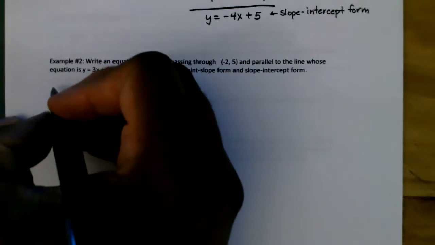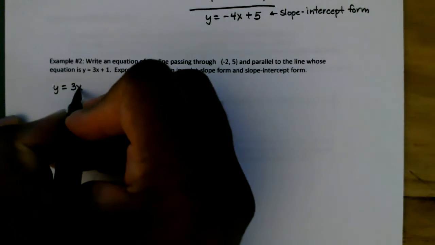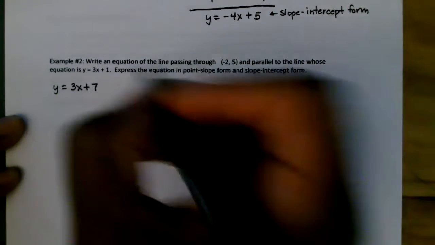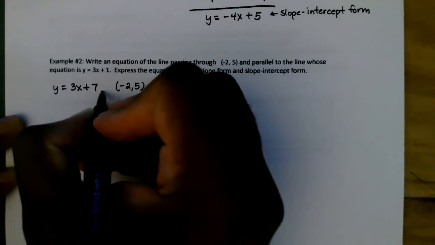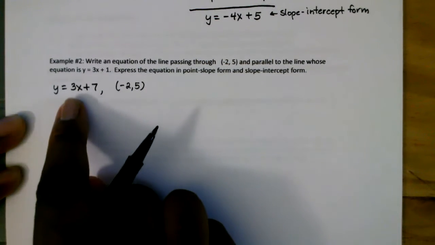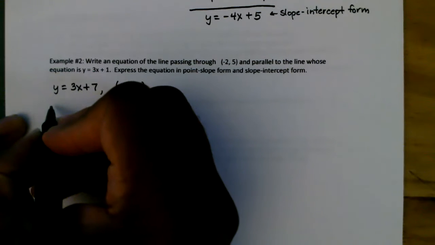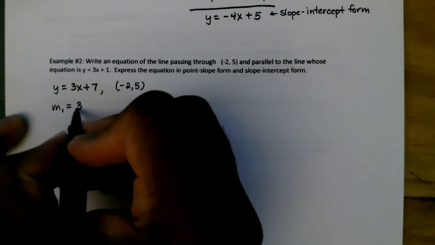So now we've got the equation y equals 3x plus 1, and the given point is (-2, 5). In this case, we need to identify the slope of this line. I'm going to call that m1, which is, of course, 3.